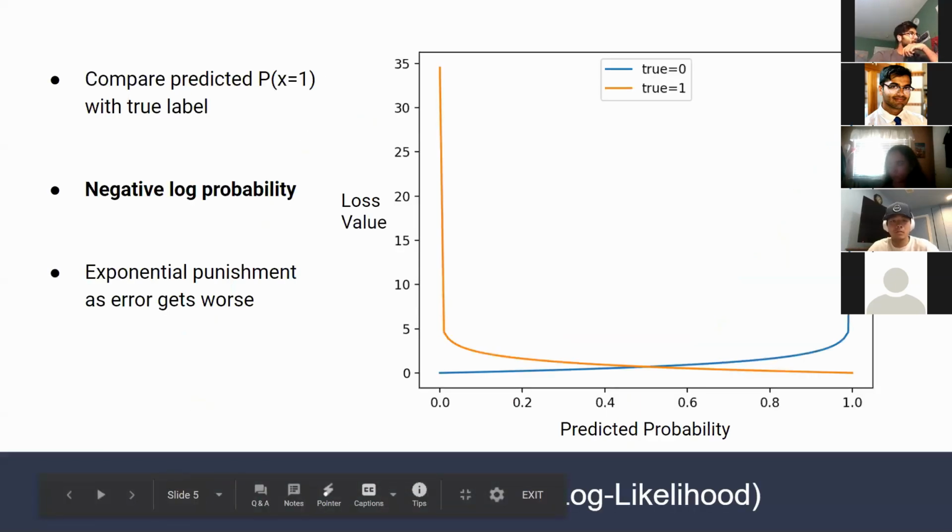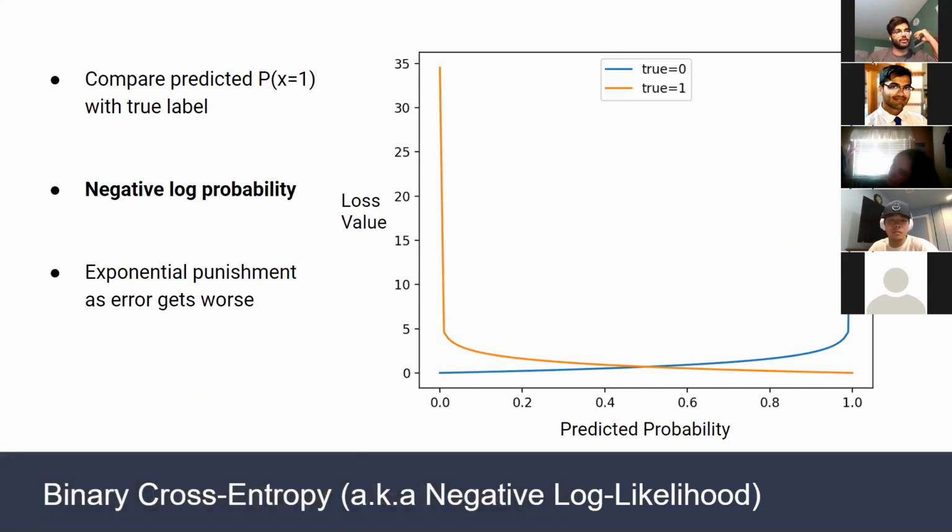So next, to measure the loss, or how wrong your guess is, in the case of binary classification, we use binary cross entropy. You'll also hear this called negative log likelihood, which is a more mathematically descriptive term for what it's actually doing.